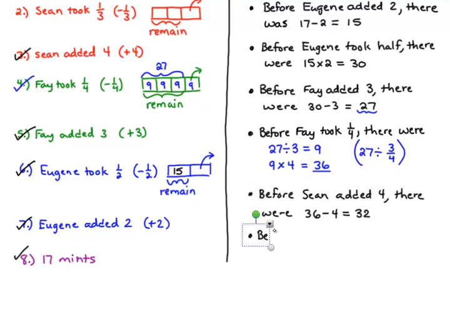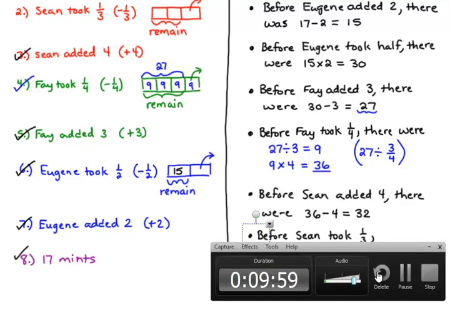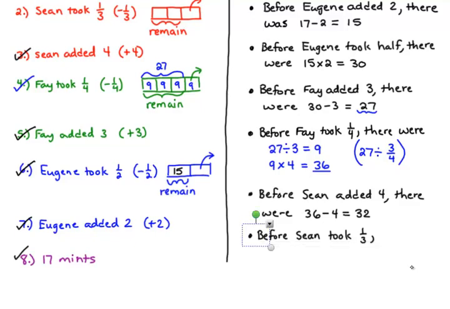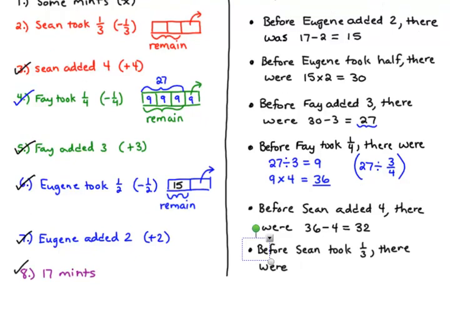So before Sean took 1/3, there were, okay, so 32 represented what remained.